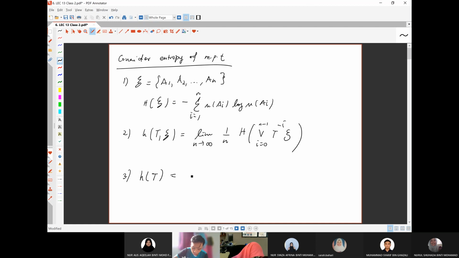We call it the supremum of the set of the relative entropy with respect to psi. So here in your formula, psi is a finite partition, and this is non-invertible.